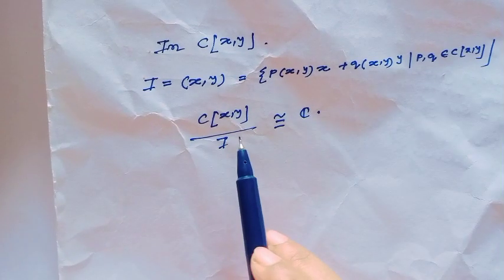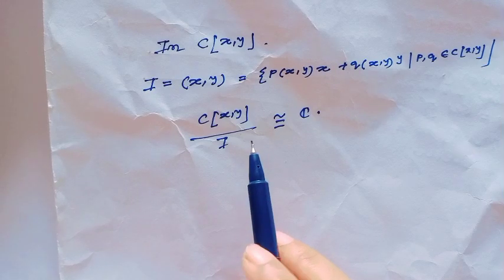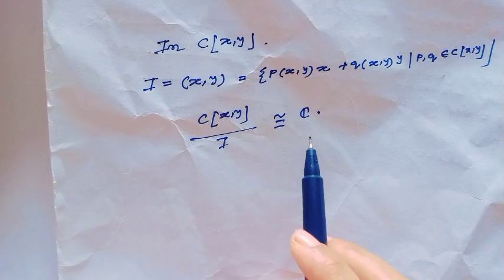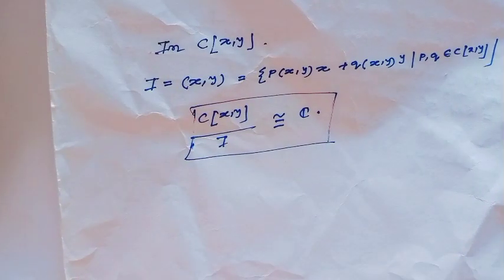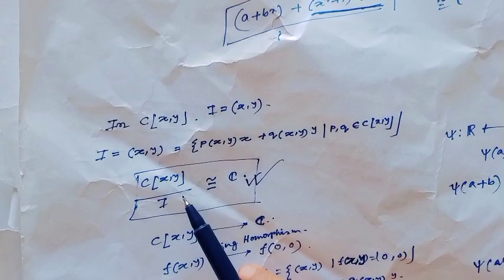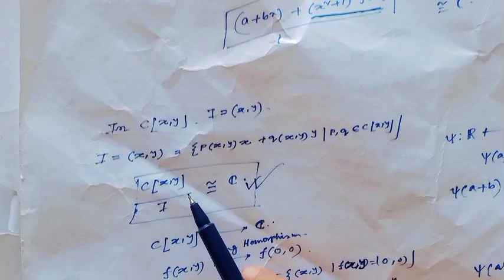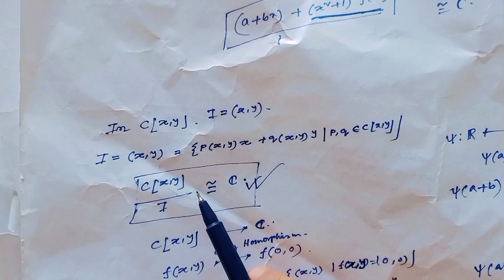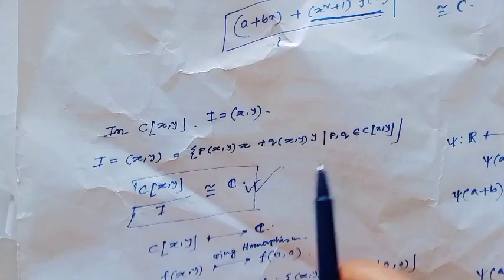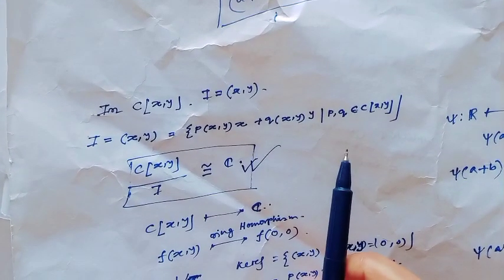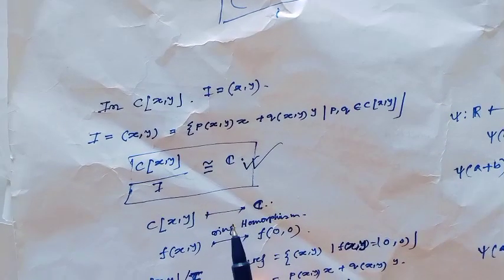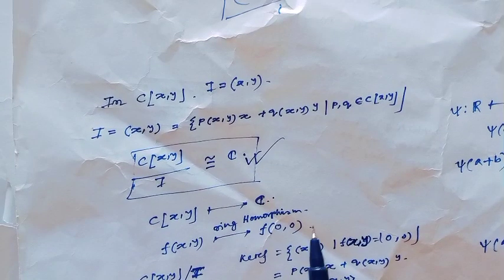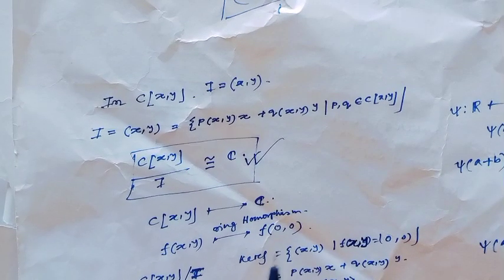Now I will show C[x,y] modulo the ideal I is isomorphic to the complex numbers. For this, consider a ring homomorphism from C[x,y] to C such that f(x,y) goes to f(0,0).